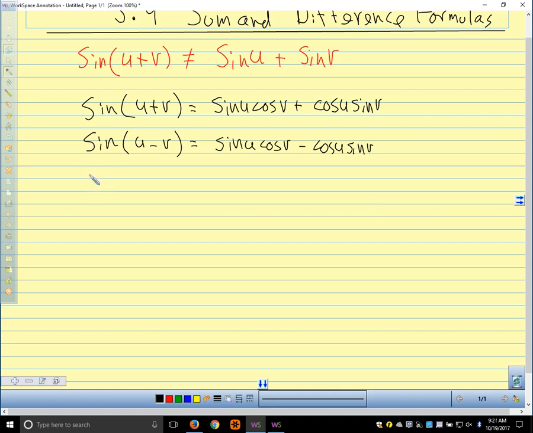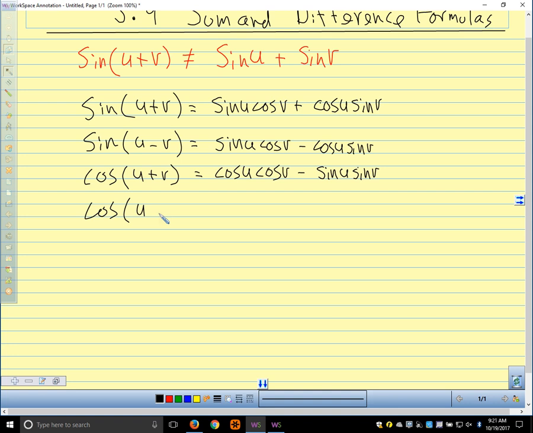All right, so cosine of u plus v equals cosine u cosine v minus sine u sine v. So for this one, the cosines are together, the sines are together, but the plus minus sign is opposite.